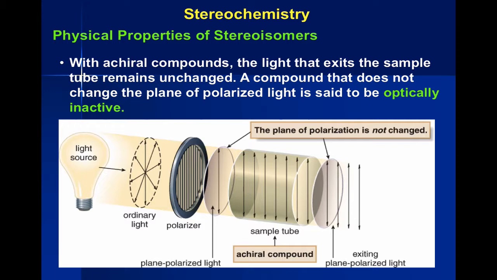And so if you have a single plane of polarized light coming through a sample that contains an achiral compound, something like water or anything else that's not chiral, the plane goes through the sample and comes out unchanged. So if you have this plane that's going up and down like this, so let's just call this 0 degrees, as it comes through, it's still at 0 degrees, and so no effect.